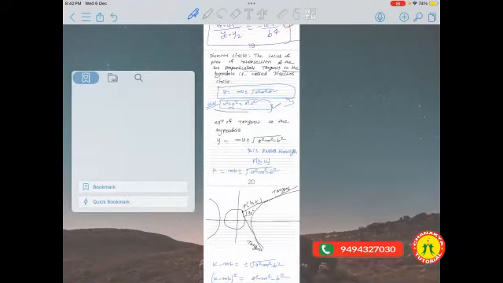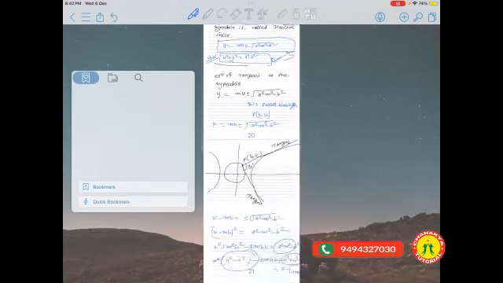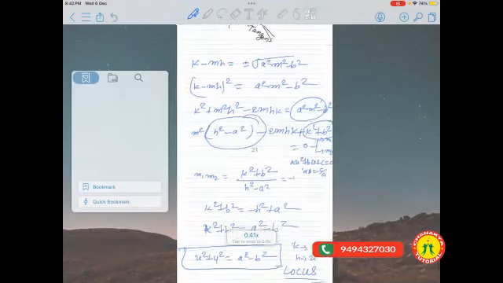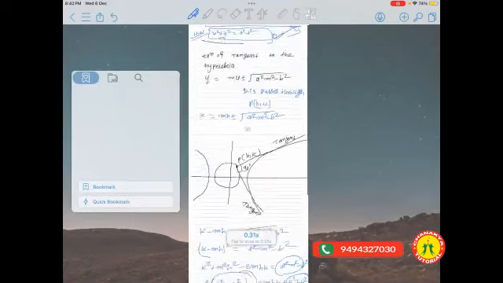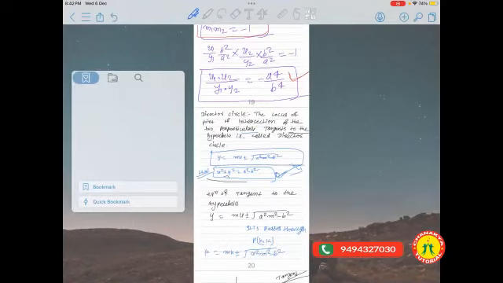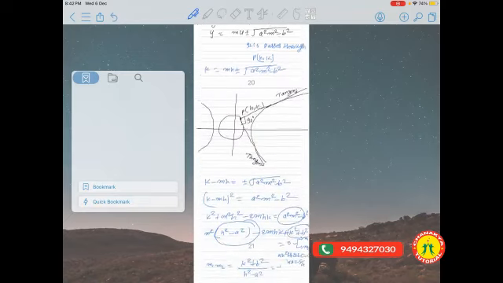मैंने प्रूफ किया डायरेक्टर सर्कल का जो इक्वेशन होगा एक्स स्क्वायर प्लस वाई स्क्वायर इक्वल टू ए स्क्वायर माइनस बी स्क्वायर. Only concept is, we know the formula, sorry, the definition of director circle. Point of intersection of the two perpendicular tangents to the hyperbola is called director circle.